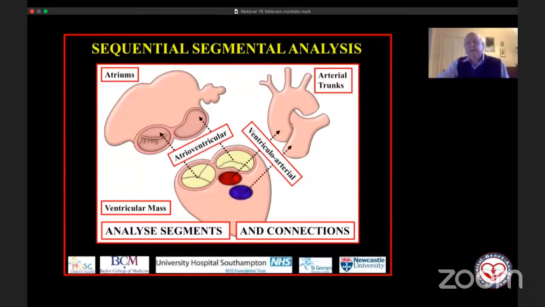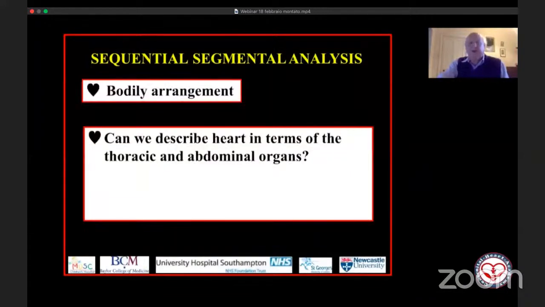session. So what we're going to do today is to move on, and we're going to look specifically at the atrioventricular junctions. But before we can start on the atrioventricular junctions, we need to know what's happening at the atrial level.